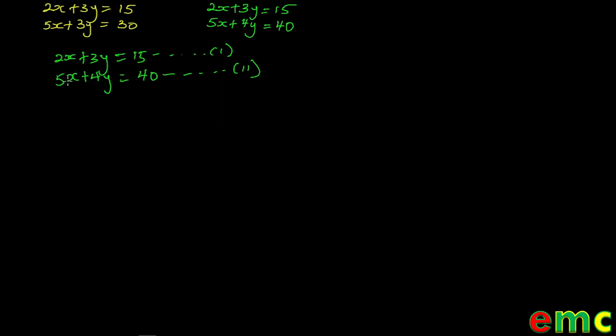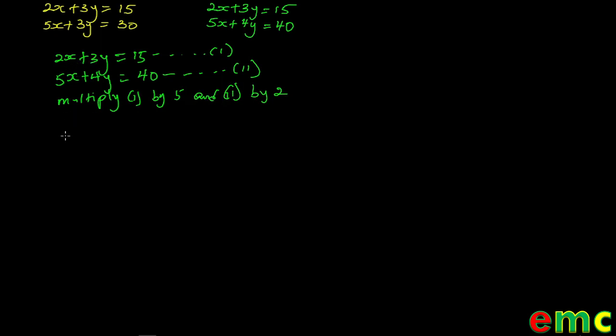To equate the coefficient, x has 2 as its coefficient here, and 5 as its coefficient here. So we are going to multiply all of the first equation by 5, and all of the second equation by 2, so that by the multiplications, x is going to have equal coefficients. So multiply equation 1 by 5 and equation 2 by 2.